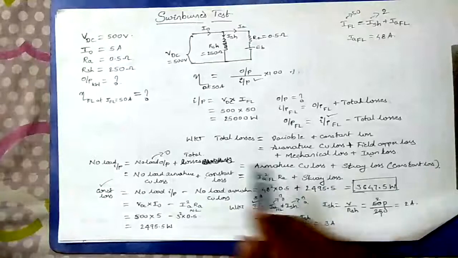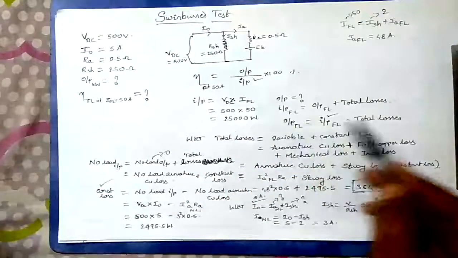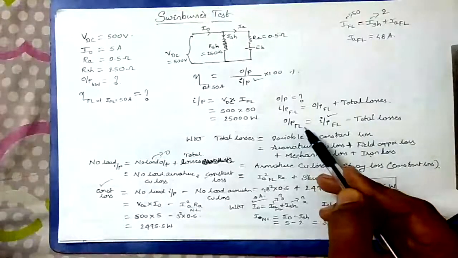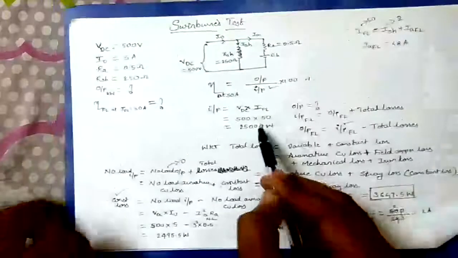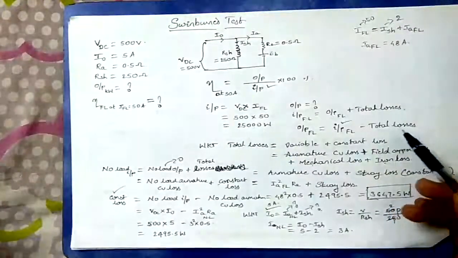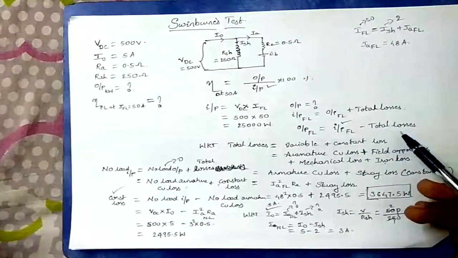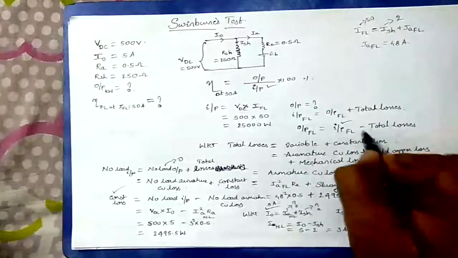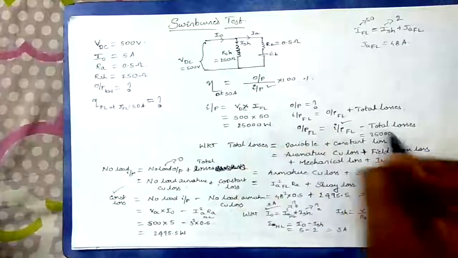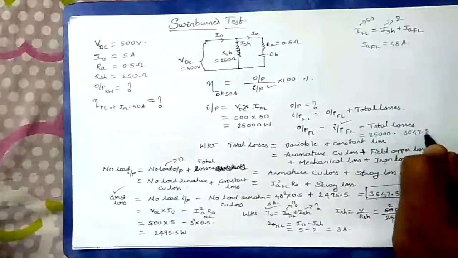So now I have calculated the total losses. By substituting in this formula, I'm going to get my output at full load. Input at full load is 25,000, and total losses are 3647.5.